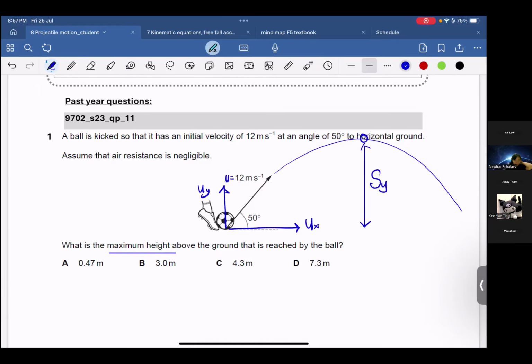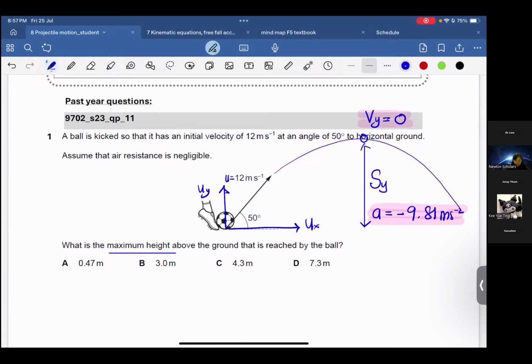At the maximum height, you need to remember your VY is 0. And for vertical, we need to know that a is equal to negative 9.81 meter per second squared. Boys and girls, can you see that? These two pieces of information we have to know by ourselves.